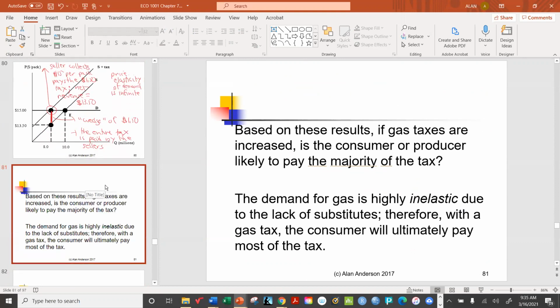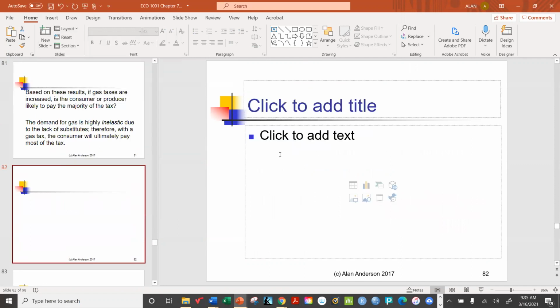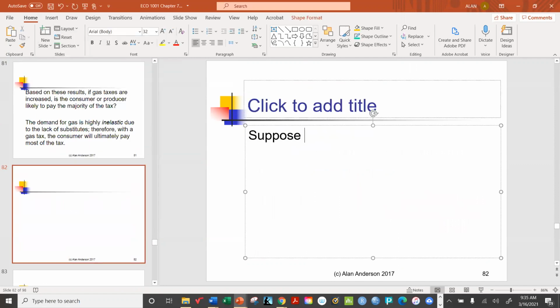Okay. Now, let's say, what product is there with a very high elasticity? How about this one? Suppose a new tax is imposed on, let's say, yachts. Well, all right.